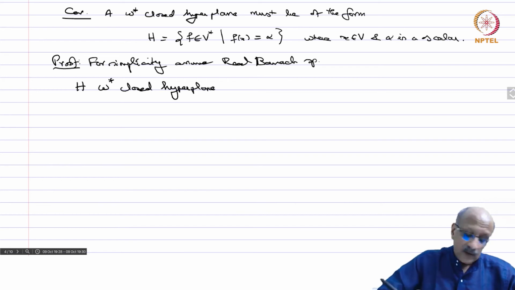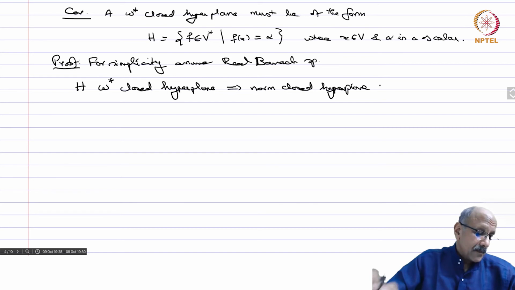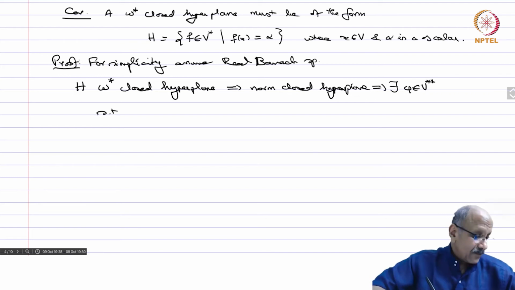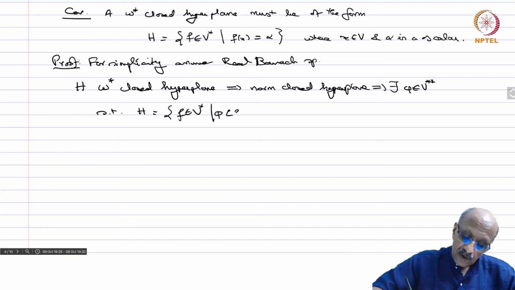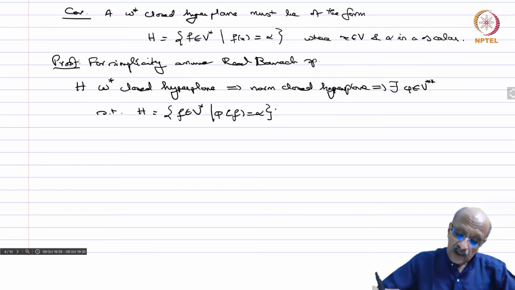Weak star is contained in weak, which is contained in norm, so this implies a norm closed hyperplane, and implies there exists a phi in V double star such that H equals the set of all f in V star such that phi of f equals alpha, because we know these are the only closed hyperplanes in the norm topology. So alpha is some real number.